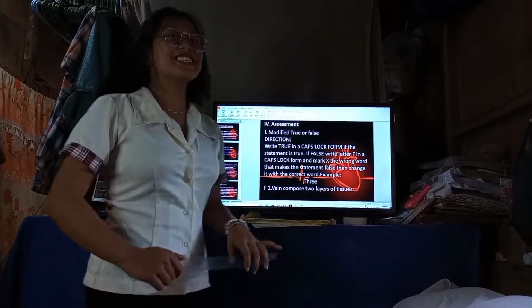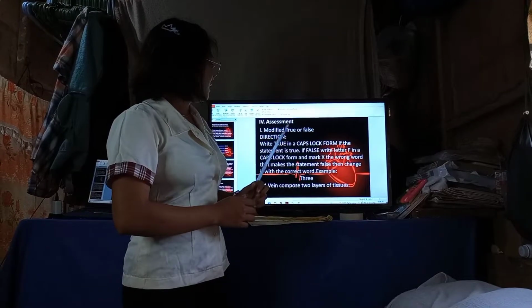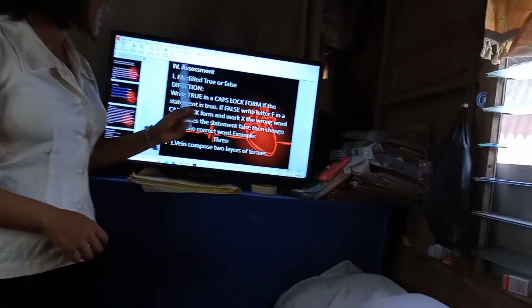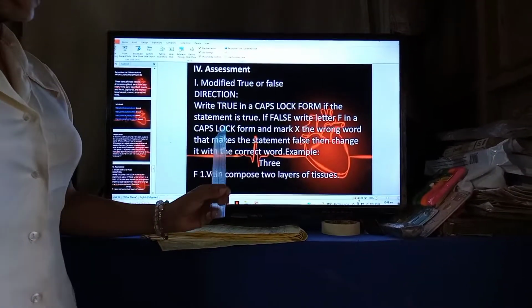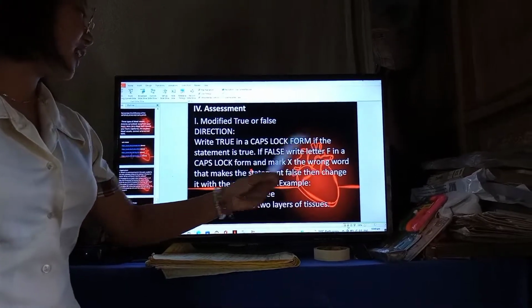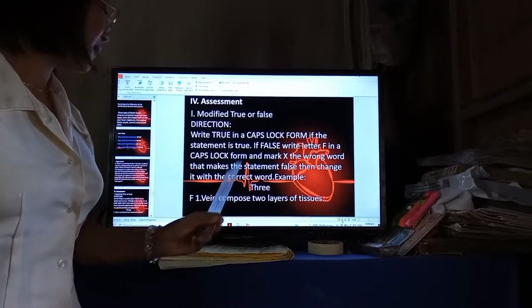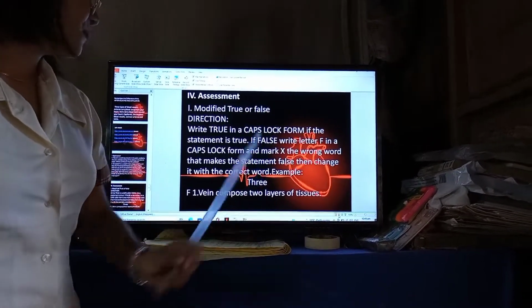For your assessment, your favorite part. Task 1 is modified true or false. Direction: write TRUE in caps lock if the statement is true, and if false, write letter F in caps lock and mark X the wrong word that makes the statement false, then change it with the correct word.